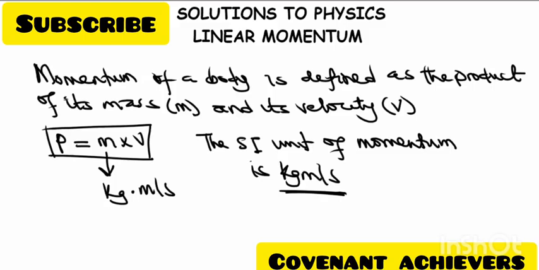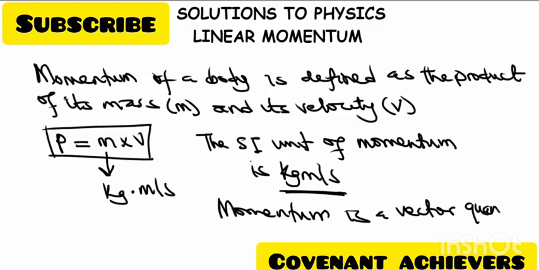Momentum is a vector quantity, meaning that it has magnitude and direction. We can also refer to the unit of momentum as Newton seconds. We are going to see how it is Newton seconds as well.